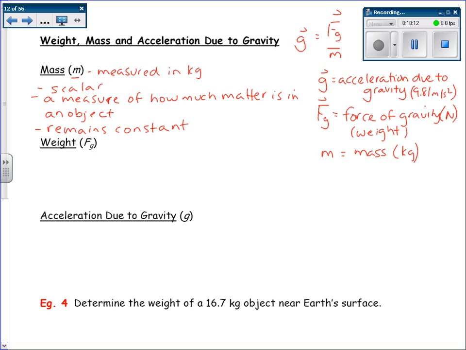Weight, on the other hand, is measured in newtons, which is an N, right? Weight is the force due to gravity. Okay? It's a measure of the force of gravity on an object.